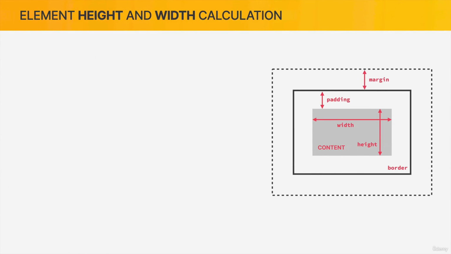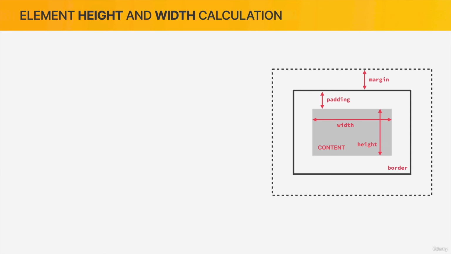So, as I mentioned, we can specify the height and the width of the content area. Now, if we choose not to define the height or width, then the box model will simply imply them based on the content. However, these specified or implied heights and width are actually not the final sizes of the element.